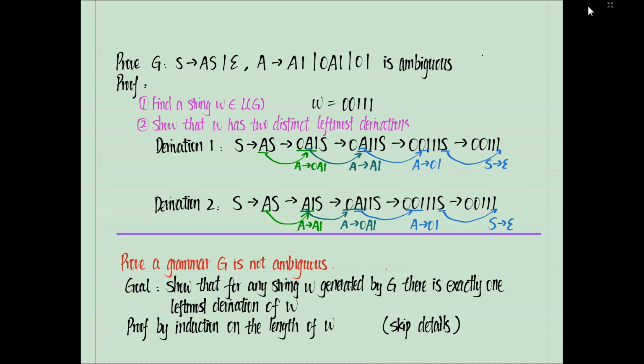In the first derivation, I applied the rule S to AS as my first step, and then I expand the leftmost variable A to 0A1. Now we have two variables, A and S, in the string 0A1S.